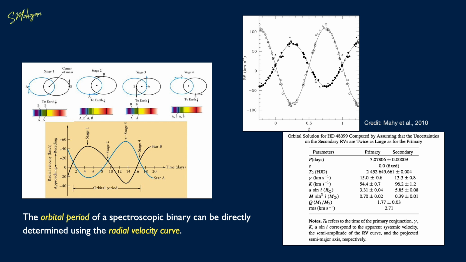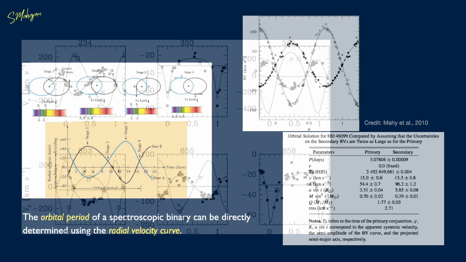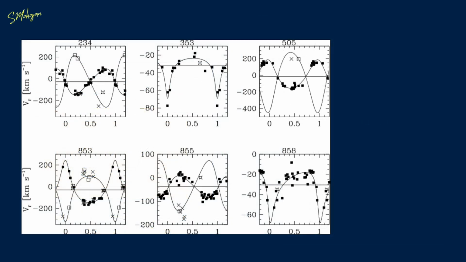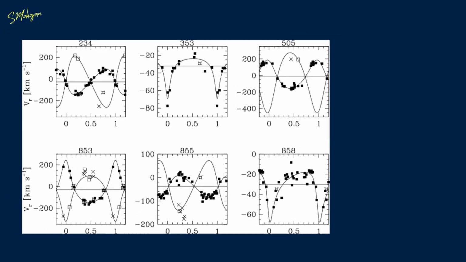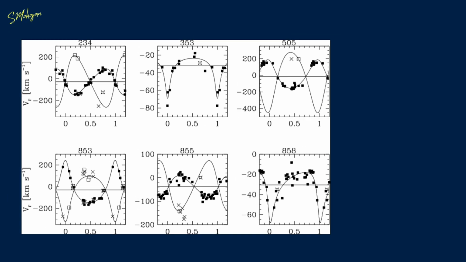However, if the orbital plane is inclined to the line of sight, the amplitude of the curves is somewhat modified. But in most cases, the orbits are elliptical rather than circular, and this changes the shape of the sinusoidal curves as shown here. In other words, the degree of skewness of the radial velocity curves increases with increasing eccentricity of the orbits.